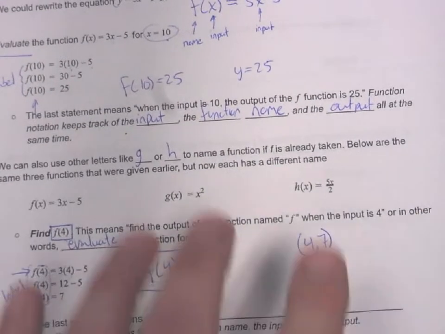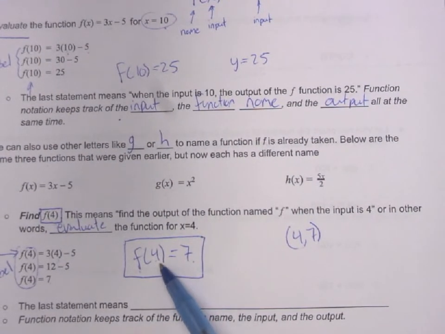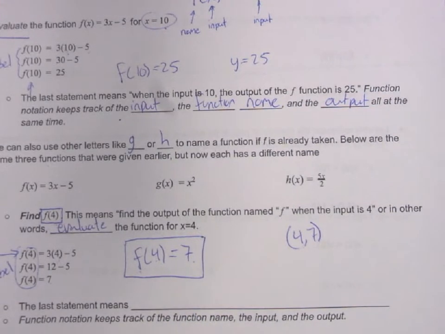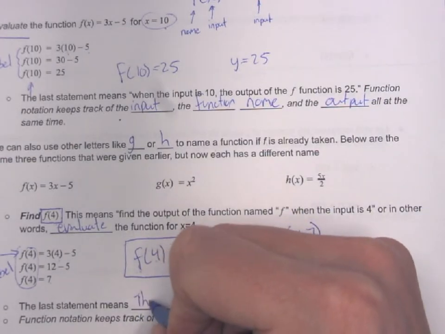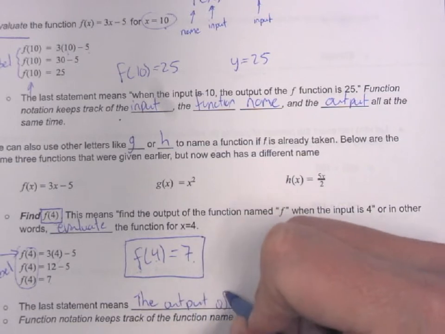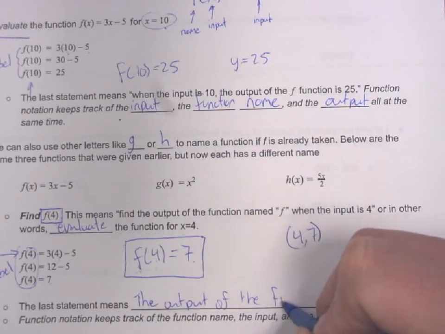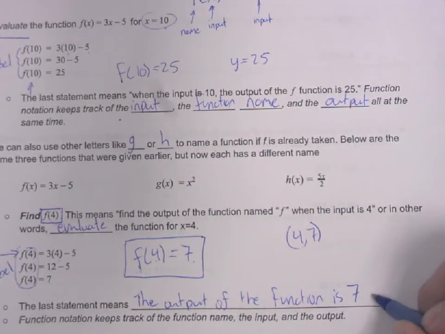All right, now what we want to do in this next one is write in words how we would interpret this. And there are 3 pieces of information we need to include: the name of the function, the input, and the output. So we could say something like this: the output of the f function is 7 when the input is 4.